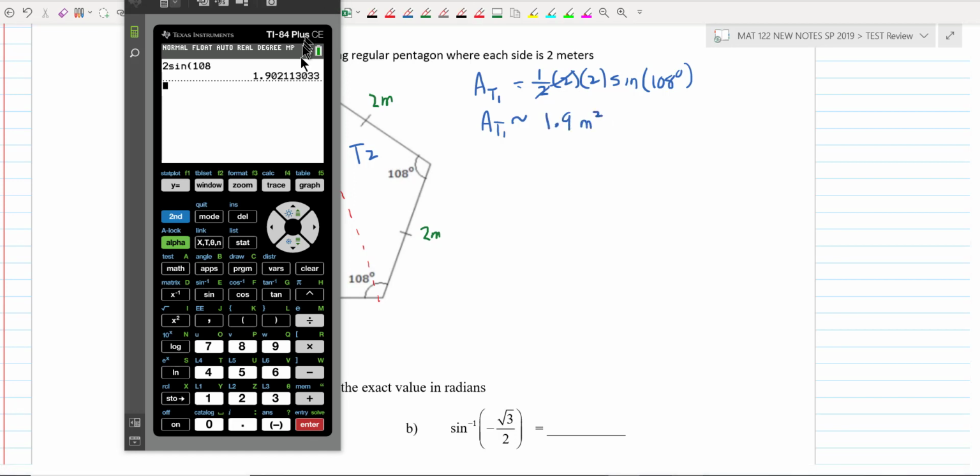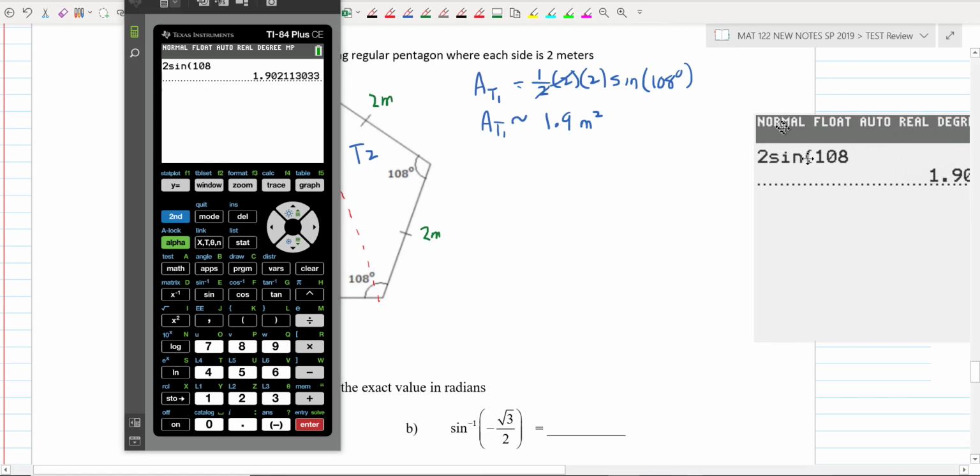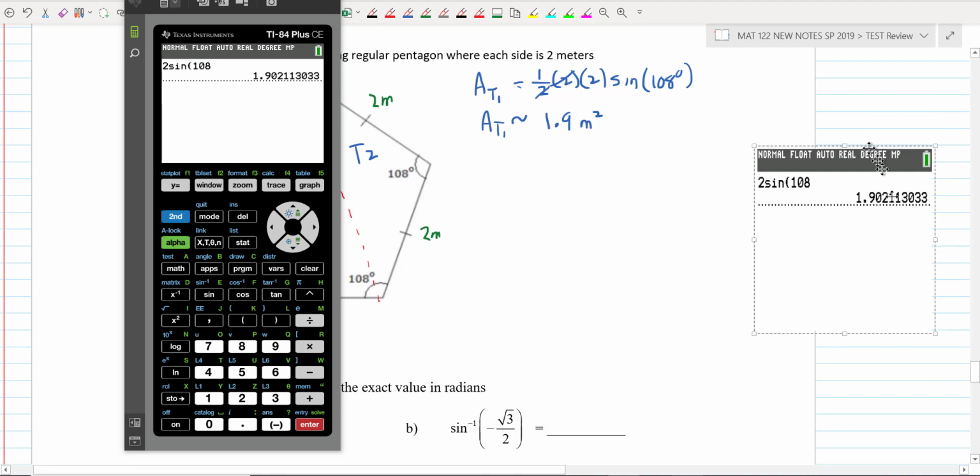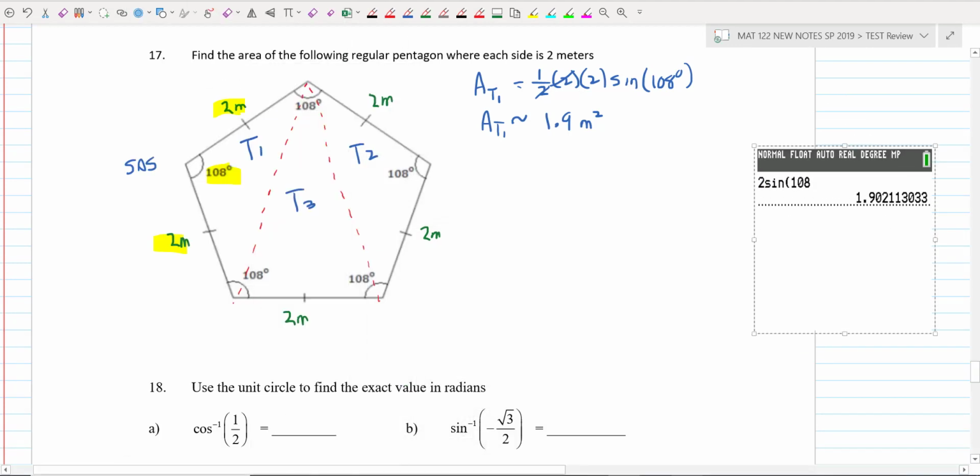Okay, so that'll take care of that. And then that would give us the area of the other triangle too, because it's the same. So the second triangle is the same thing, side angle side. So the area of triangle 2 would also be about 1.9 square meters.